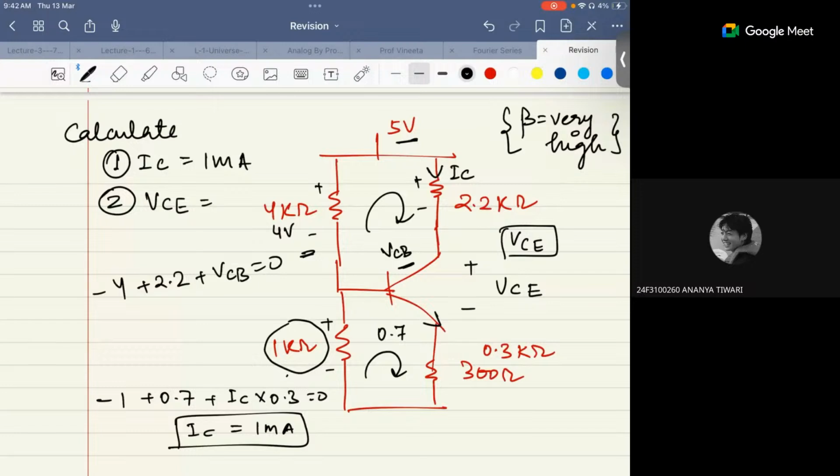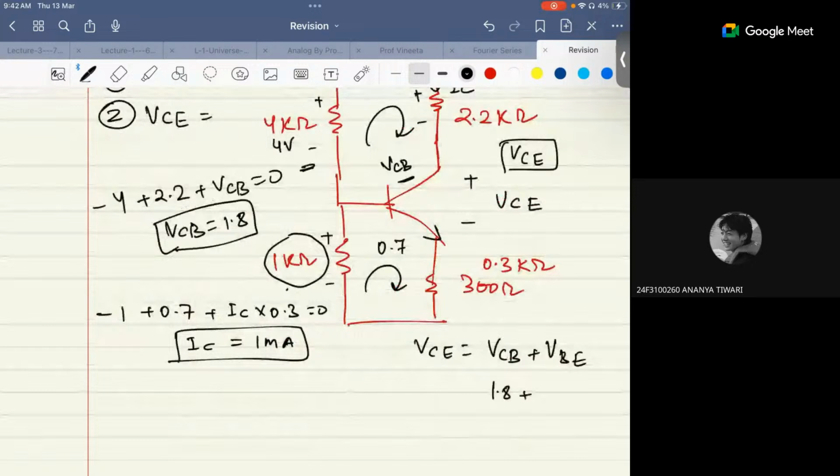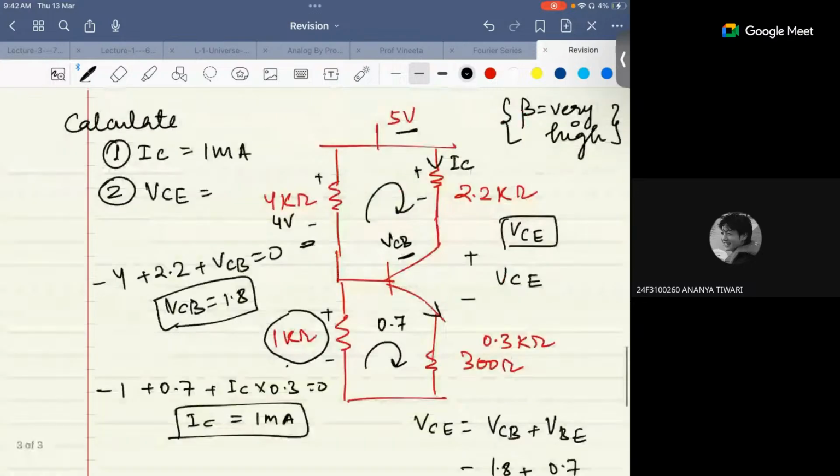VCB is 1.8. If you have to calculate VCE, you can calculate VCB plus VB. This is 1.8 plus 0.7, 2.5. Is it clear to everyone?